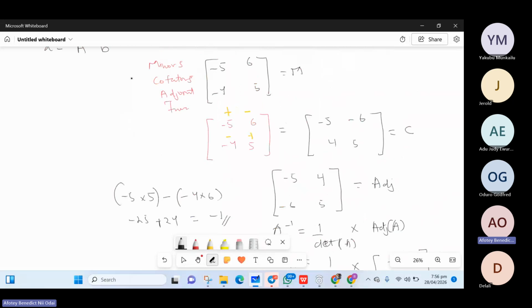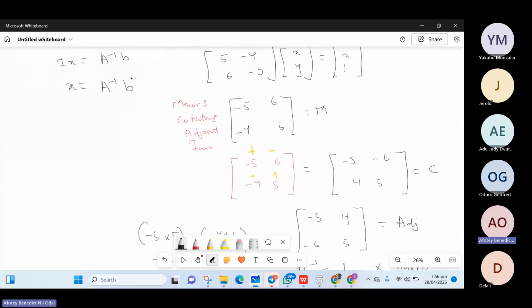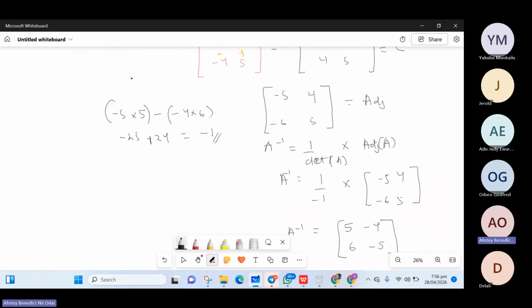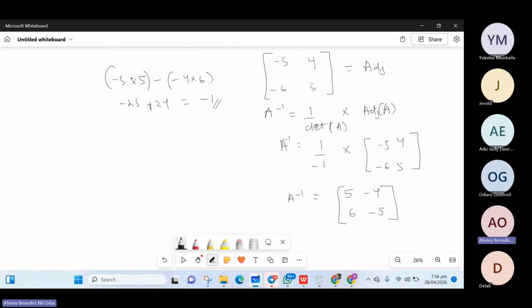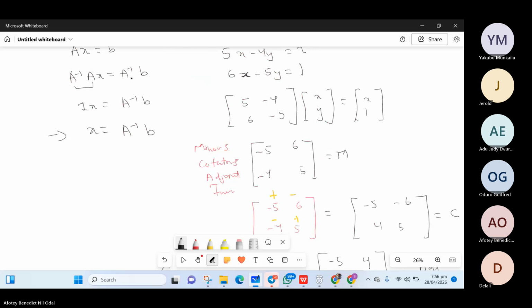And why did we find the inverse? We found the inverse because of this equation we want to solve. So our inverse is [5, -4; 6, -5].